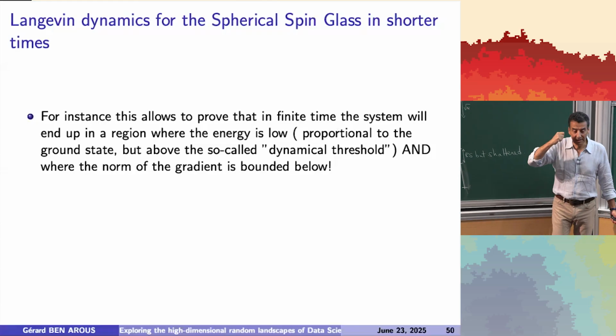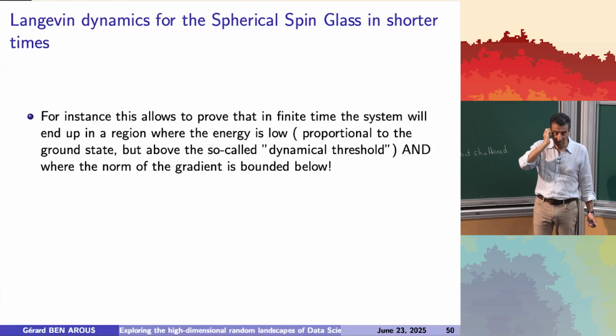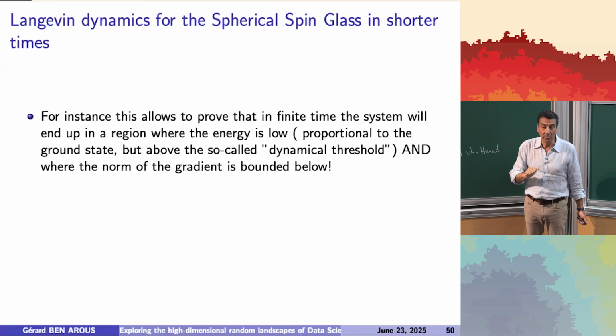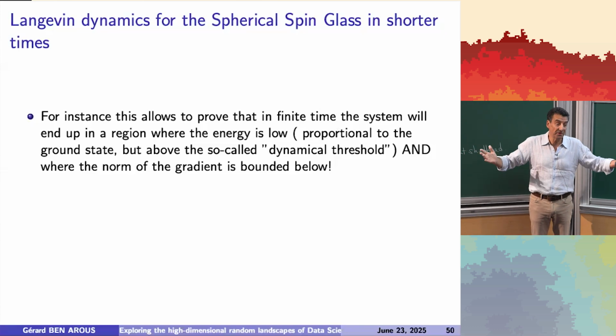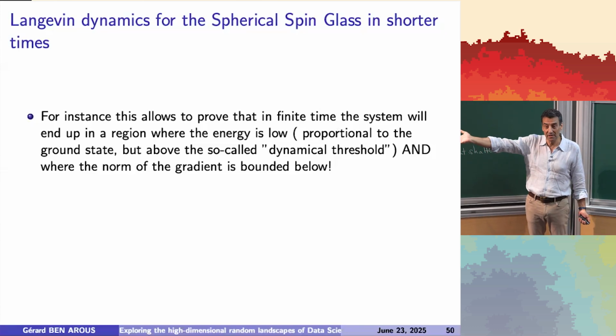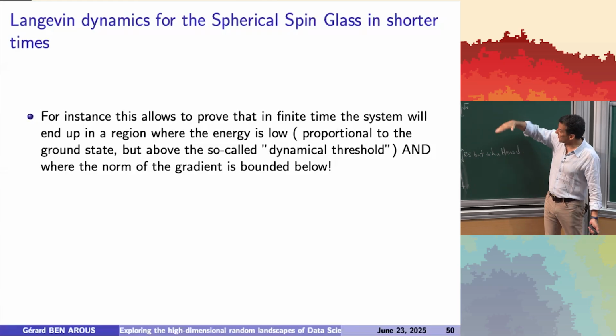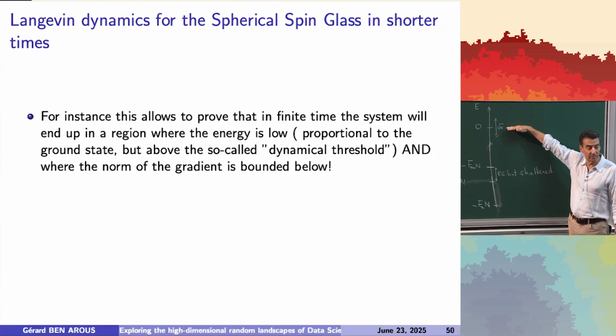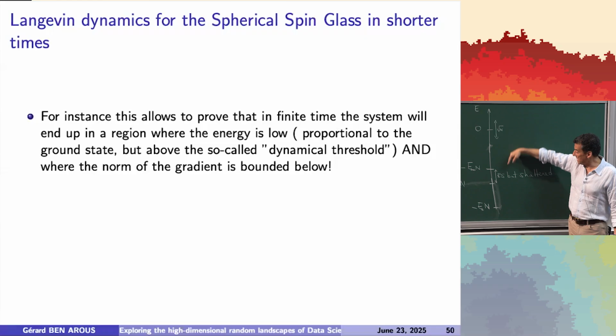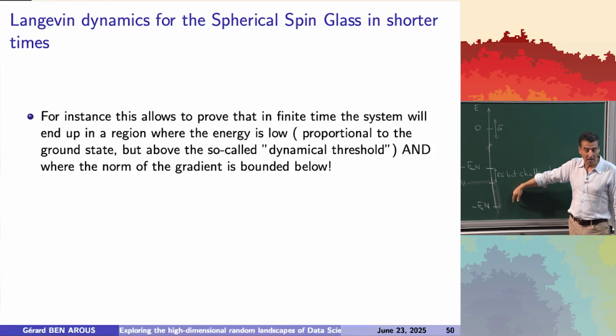You start with a point taken at random, like physicists looking at thermalization time. You take a random point, which is not informative, but that's what will happen in data science, in statistics, when you don't know what to do, so you start with a random thing. If you start with a random point, you will be essentially at this level. And the question is, how do you get down there?